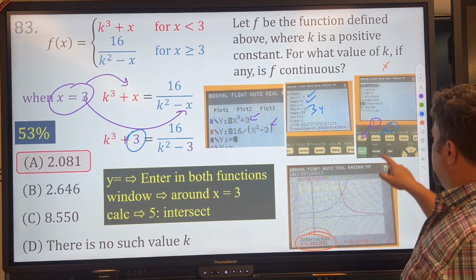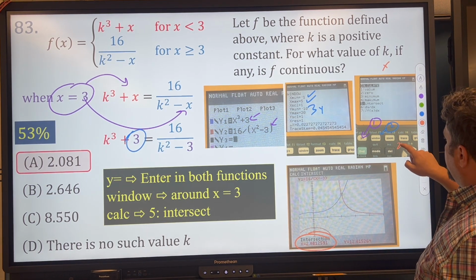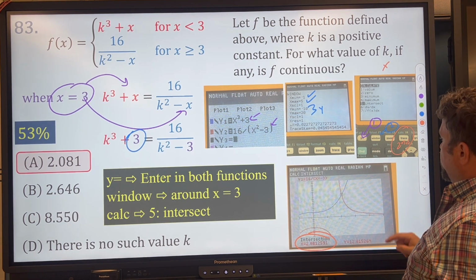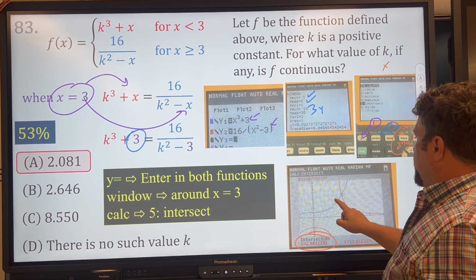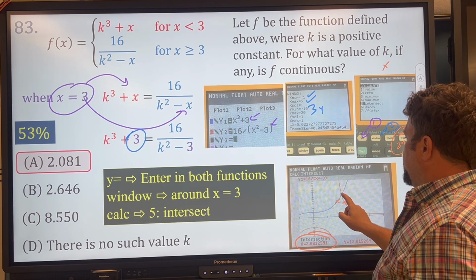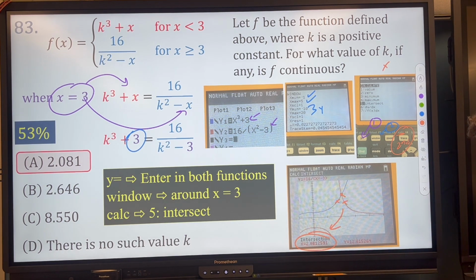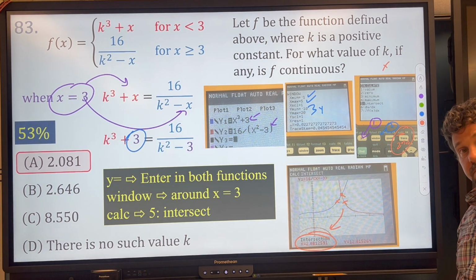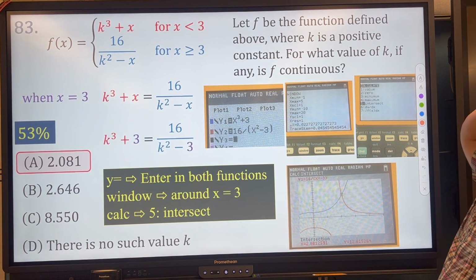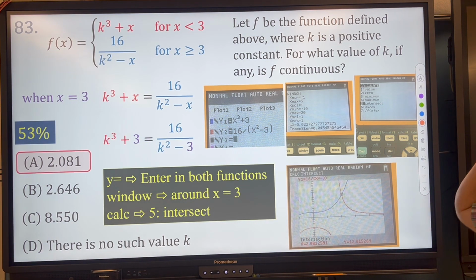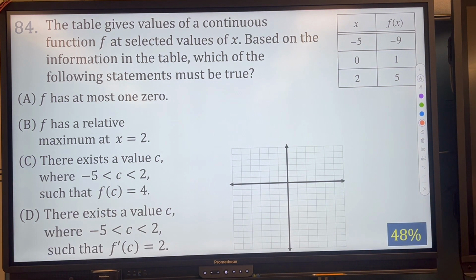It was. So then I hit second, and then the trace button, which is calculate. There's an x here. I hit enter, enter, and then I hit enter by here, and that gives me the intersection right there. And that's all there was to it. Nice and easy. All right, that's 83. Now you know how to use that to find when things are equal.